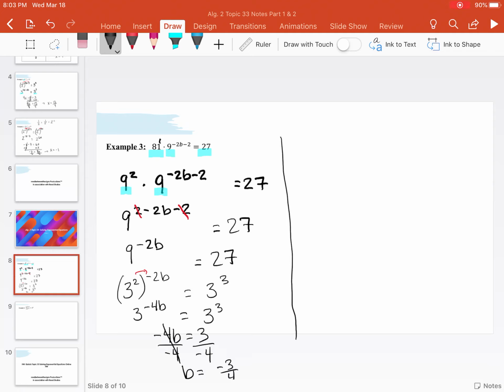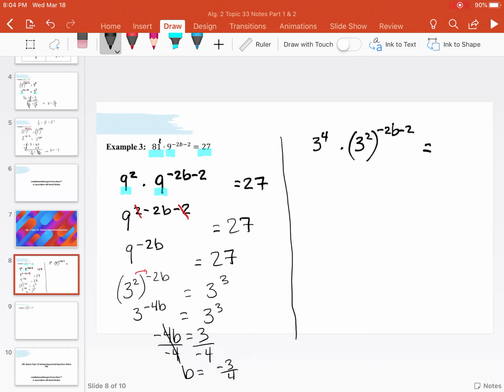Now, if we wanted to do this entire problem over, but include the 27 initially, the common base in between 81, 9, and 27 would be 3. So 81 is going to be 3 to the 4th times 9 is 3 squared, that would be raised to the negative 2b minus 2.